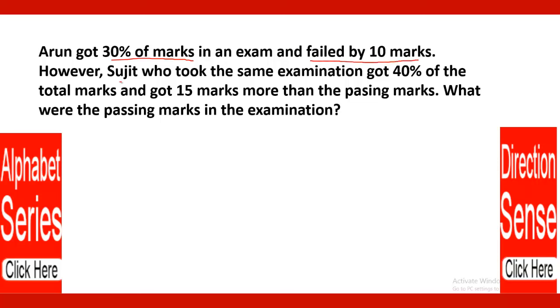However, Sujit, who took the same examination, got 40% marks and got 15 marks more than the passing marks. What were the passing marks in the examination? We do not know what the passing marks are.